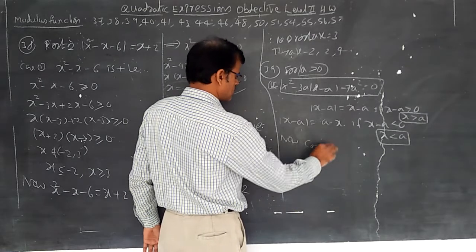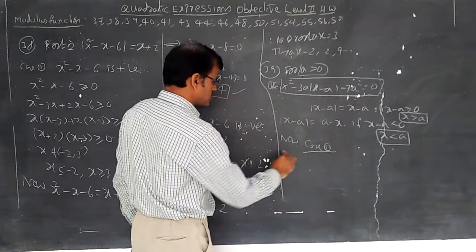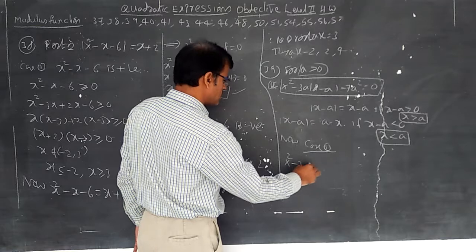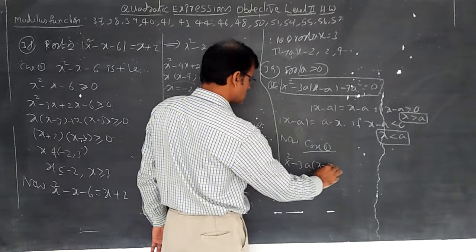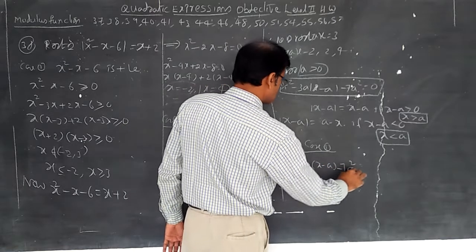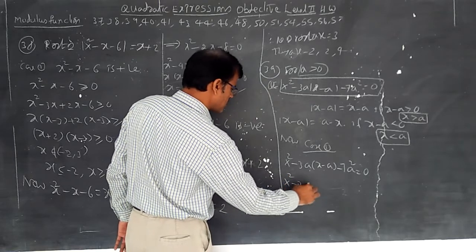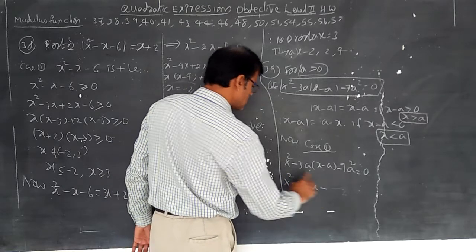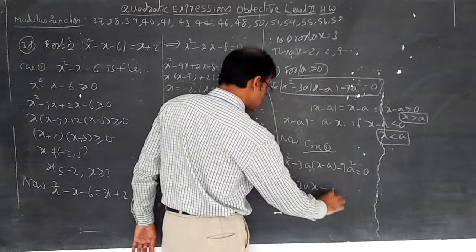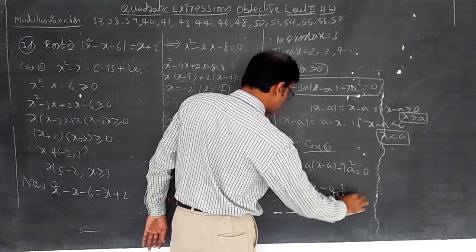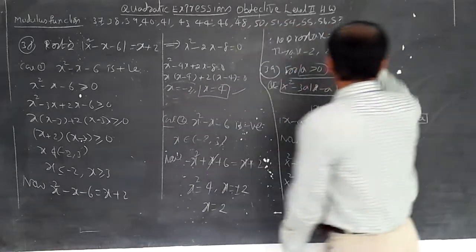Now case 1. Case 1 means taking positive. x square minus 3a into x minus a minus 7a square equal to 0. So x square minus 3ax plus 3a square minus 7a square becomes minus 4a square equal to 0.